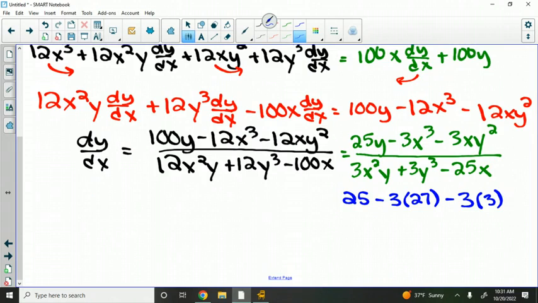So just 3 times 3. We'll simplify it here in a little bit. Okay, then on the bottom, 3 times 3 squared. So 3 times 9 times a 1 plus 3 times 1 cubed minus 25 times 3.